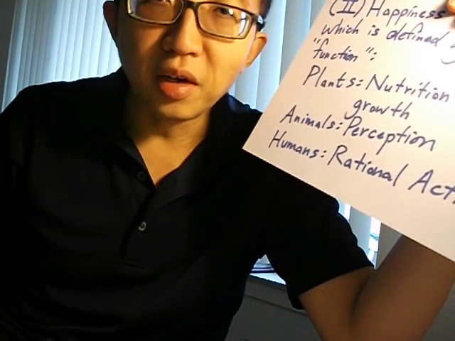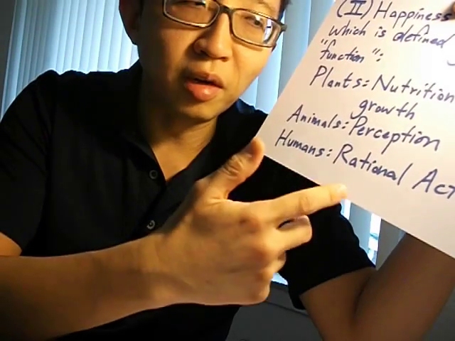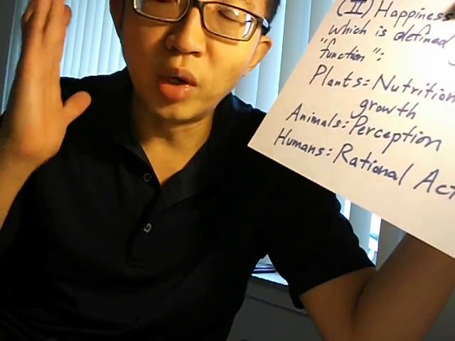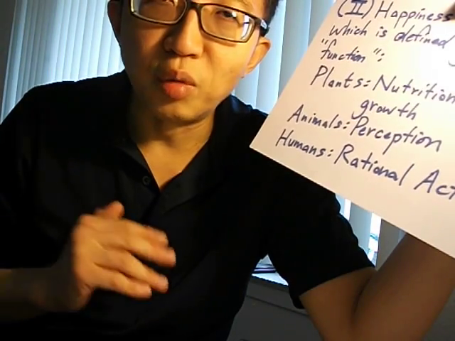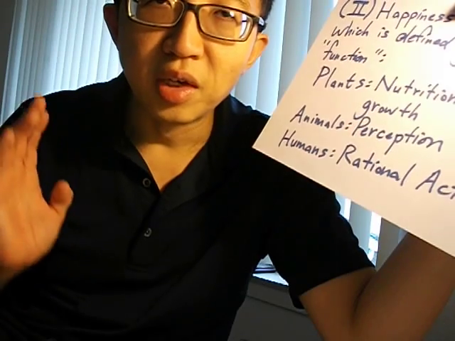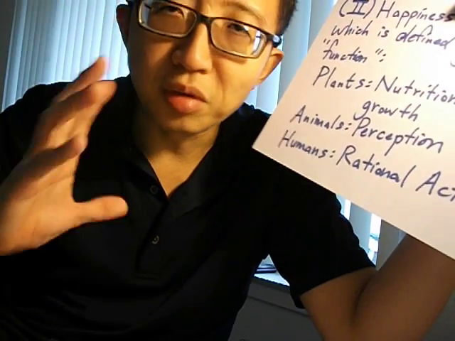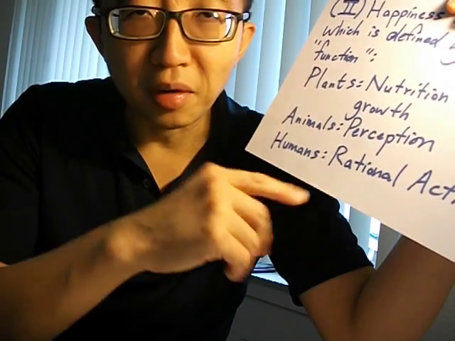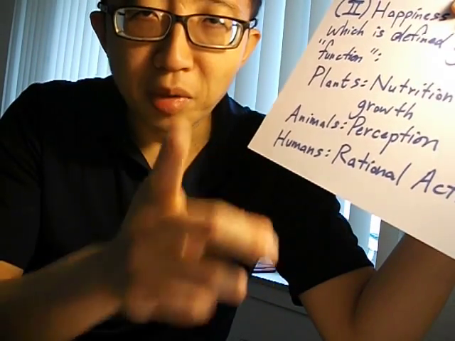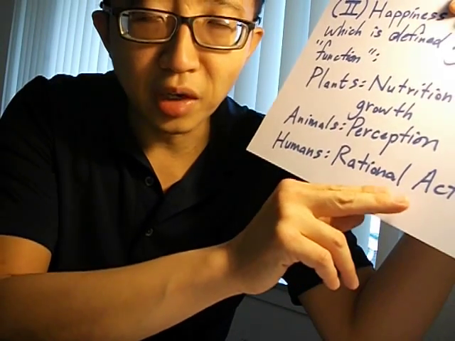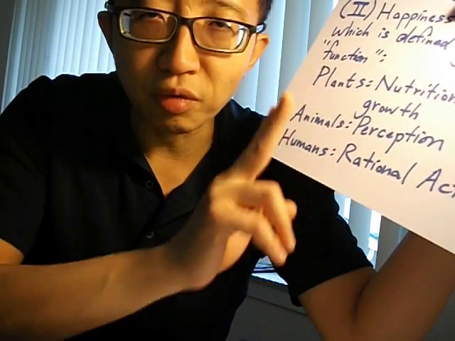So therefore, rational activity in accordance with virtue is what is unique to human beings, which means that rational activity in accordance with virtue is what constitutes happiness for human beings. So now we know better. Now we know that happiness for Aristotle consists in rational activity in accordance with virtue.